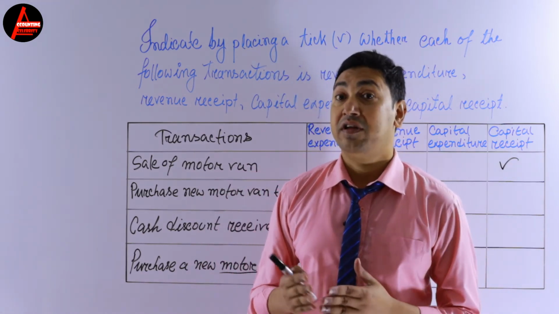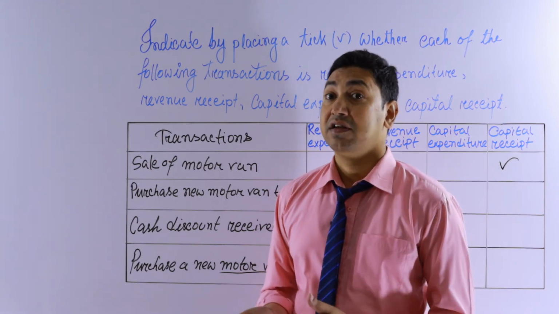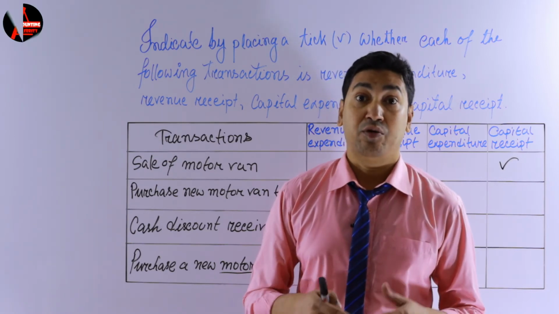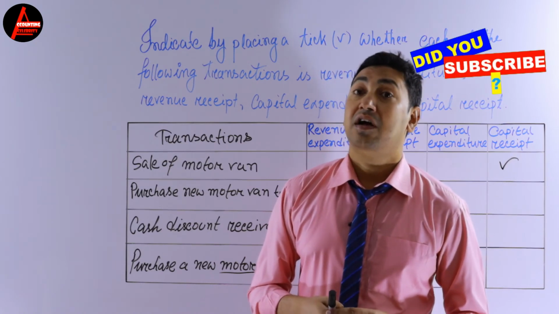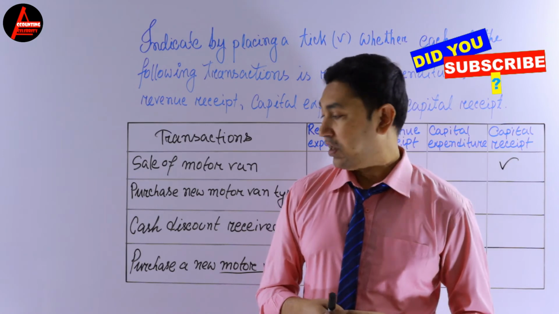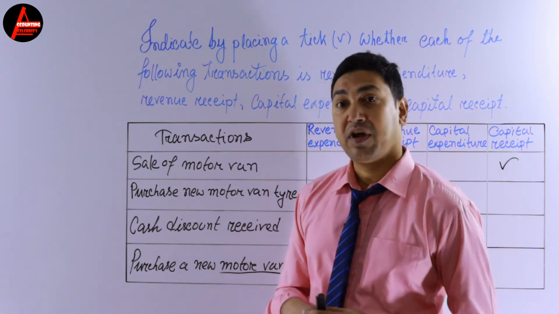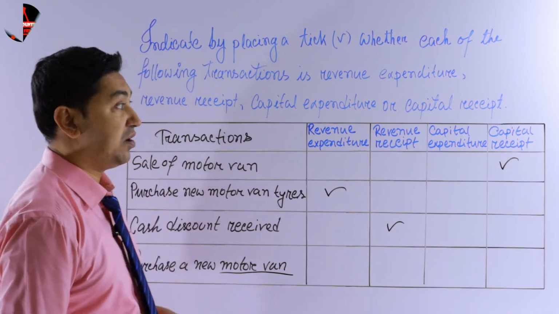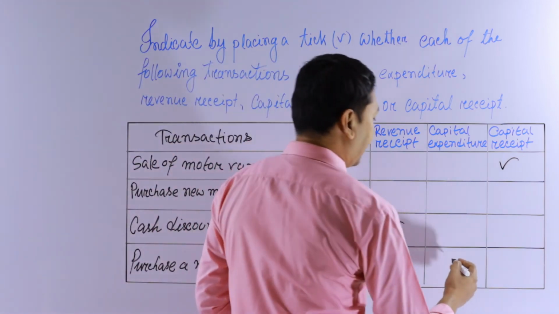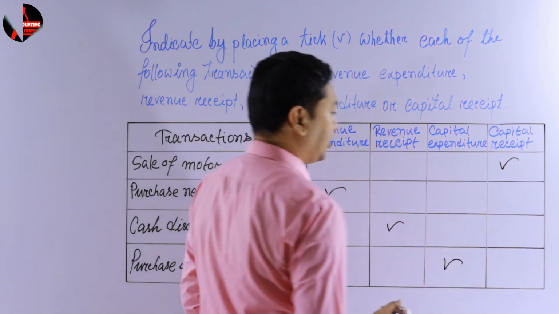You already know, if any asset lasts in the business more than 1 year, that is a non-current asset of the business. So the business purchased this motor van, so it will obviously be capital expenditure.